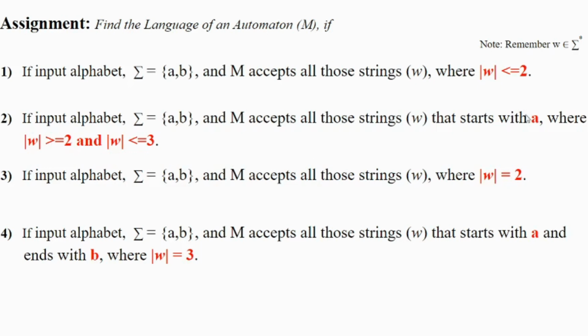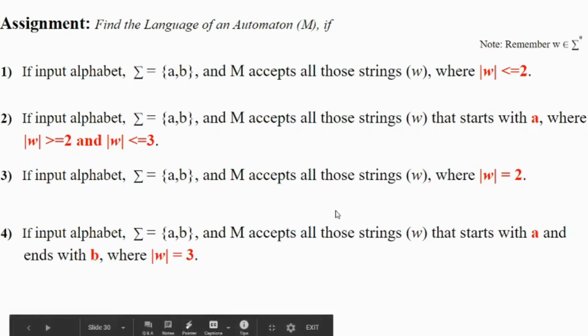Whereas in the second question, the strings are starting with A because the input alphabet is A and B. It implies that all these strings will be made up of either alphabet A or B. So these 2 characters will be used to create the strings. So this is the assignment question for you.